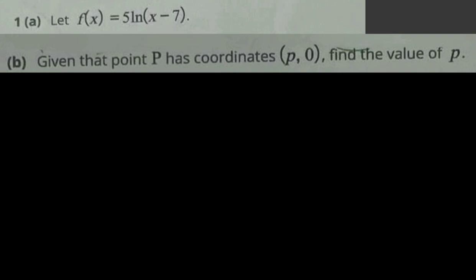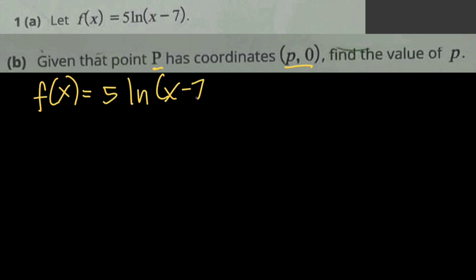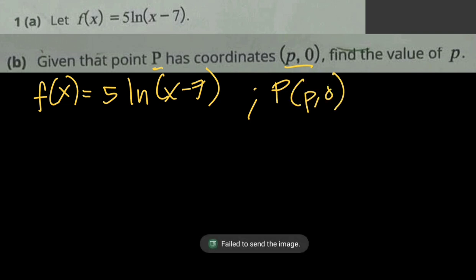Alright, given the same function, given that point P has coordinates P, 0, find the value of P. So again, our function is f of x equals 5 ln of x minus 7. And it is stated here in the problem that point P has coordinates P, 0.